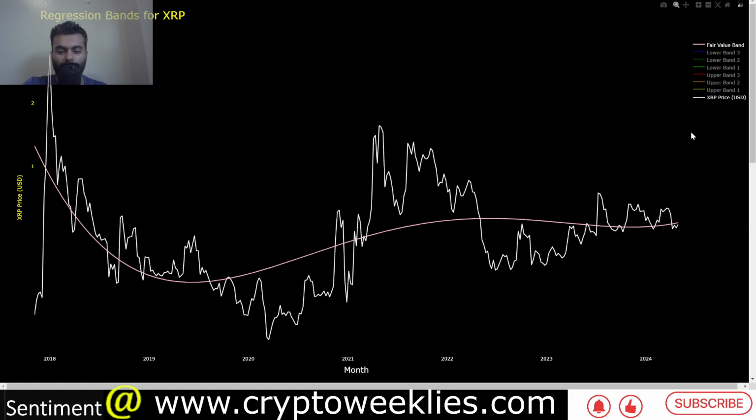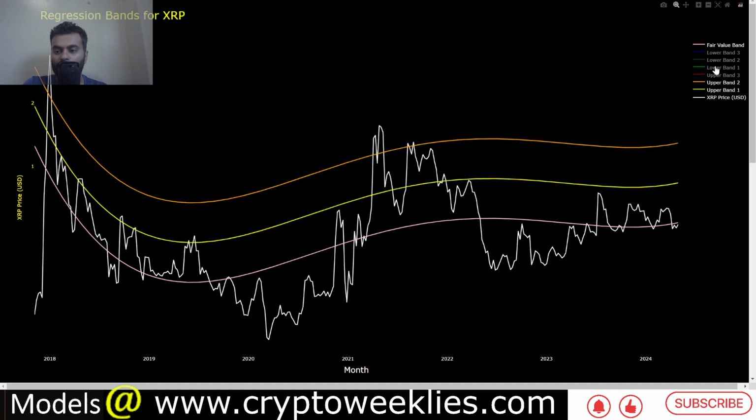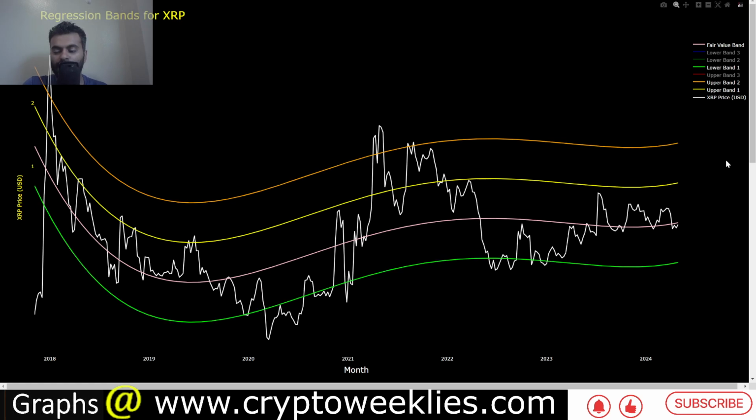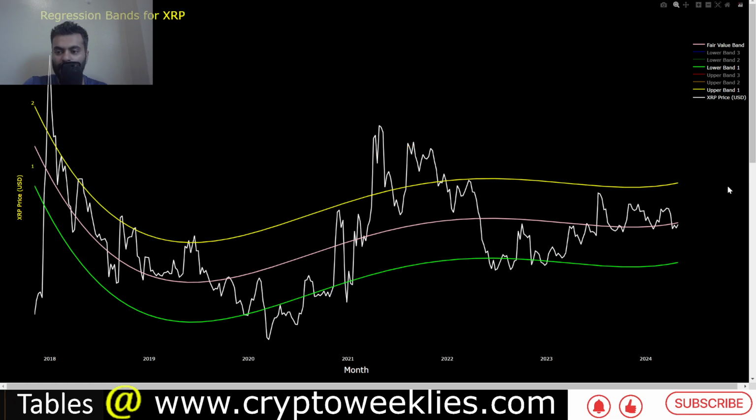Per this, you can see that the price is slightly below the heat band or the fair value band, which means XRP in terms of its regression analysis is slightly undervalued.